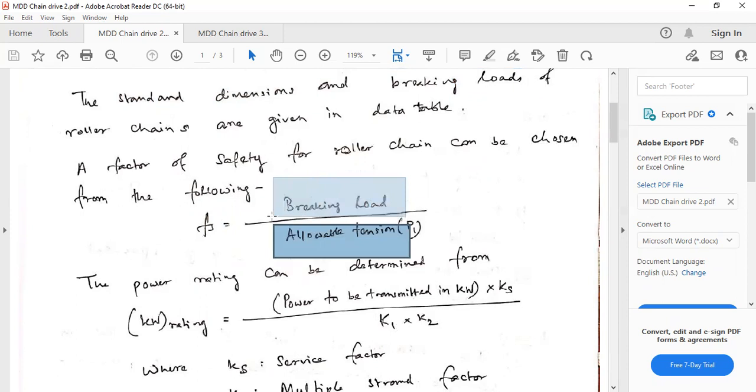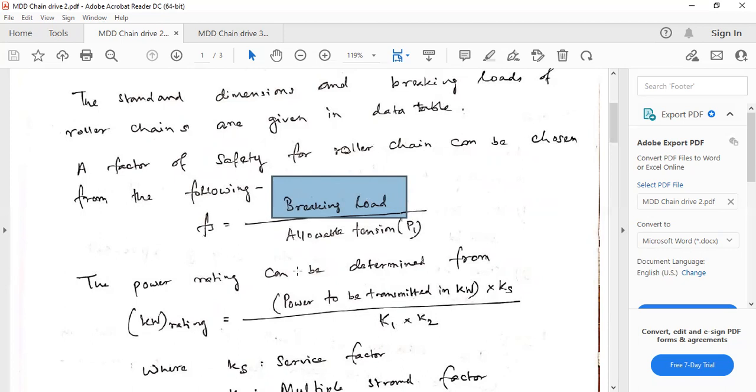This breaking load is what we should not reach, so that the chain will not break and remains within limit.